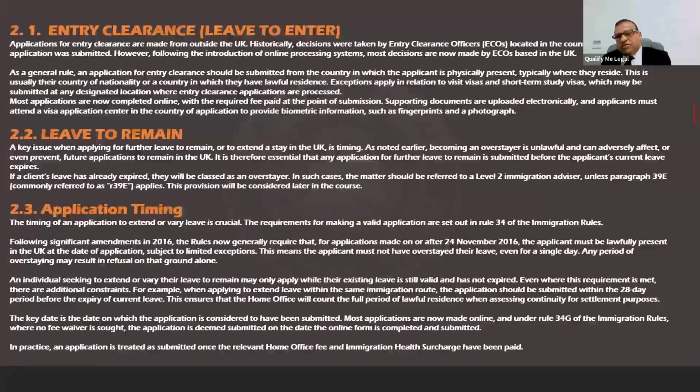As I told you, in immigration law we always have amendments.